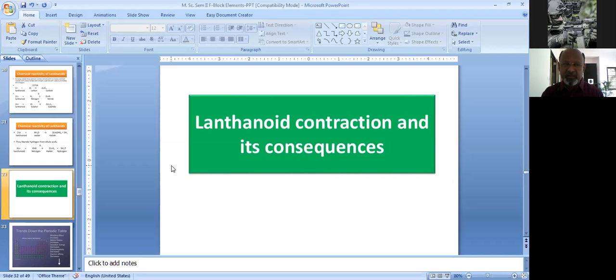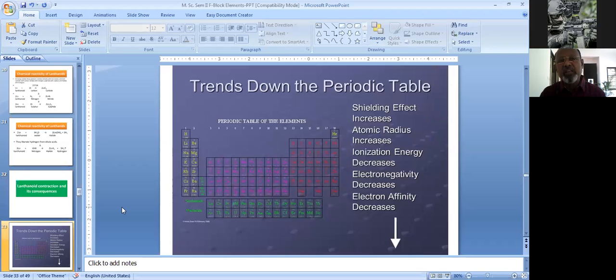With regard to this lanthanide contraction, here I have one slide which shows the trend in the periodic table with regard to the shielding effect and other properties. Here is a periodic table. As we move from left to right, for example francium, then radium with atomic number 88, and after radium atomic number 89, that is actinium. Similarly, cesium 55, then barium 56, and after barium atomic number 57 is lanthanum.